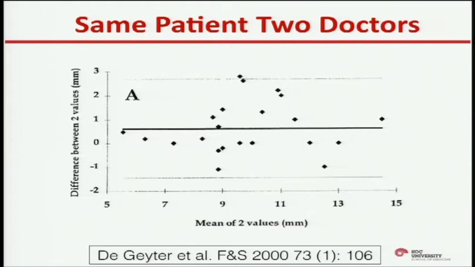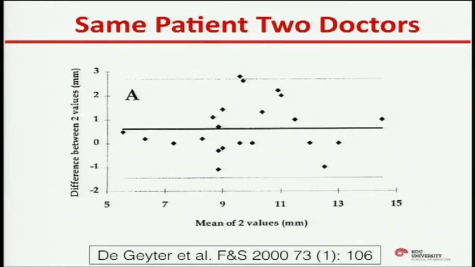This is a Bland-Altman graph showing the variations in the differences between the measurements done by 2 different doctors, 5 minutes apart. This is the mean of 2 measurements. Let's say the mean is 9 millimeters, the difference between the 2 doctors' readings could be as high as 3 millimeters. So one would say 7, the other would say 10 millimeters.